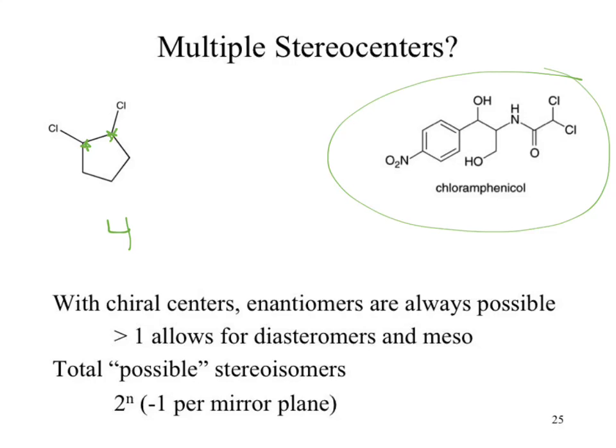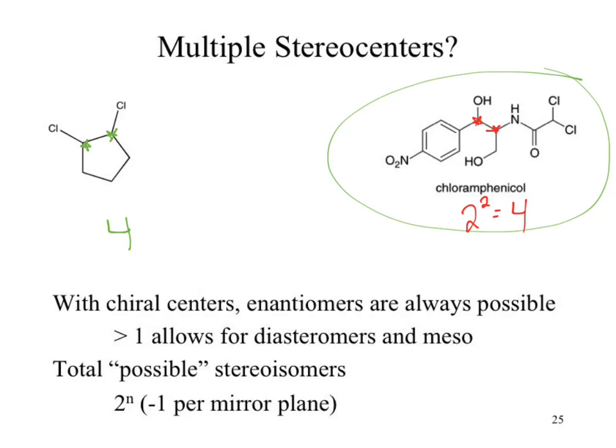How many possible stereoisomers? Draw your attention to maybe there and there. There are 2 chiral atoms. So we're looking at 2 to the 2, which is 4. Do you see an internal mirror plane?